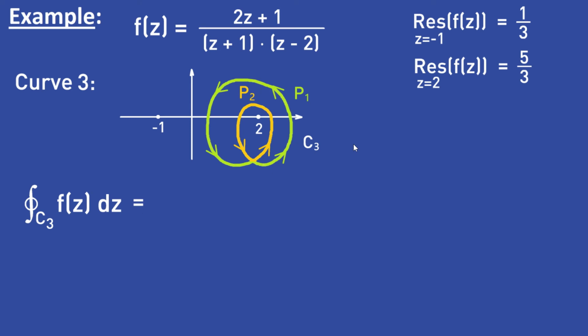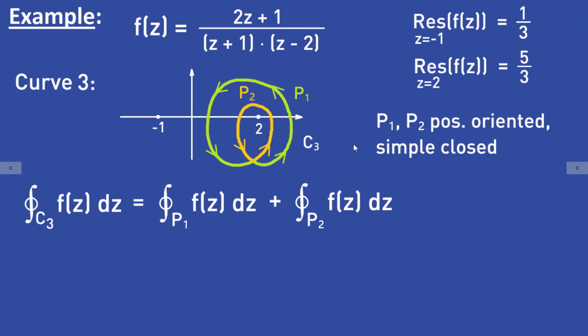Now the curve integral along C3 is equal to the curve integral along P1 plus the curve integral along P2. Both P1 and P2 are positively oriented, simple closed curves. That means we can apply the residue theorem to them.